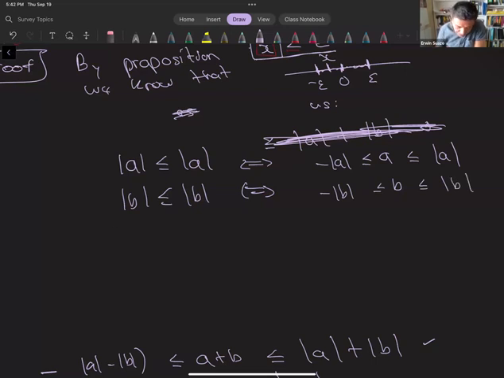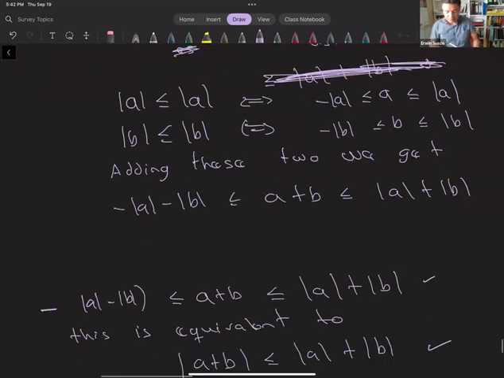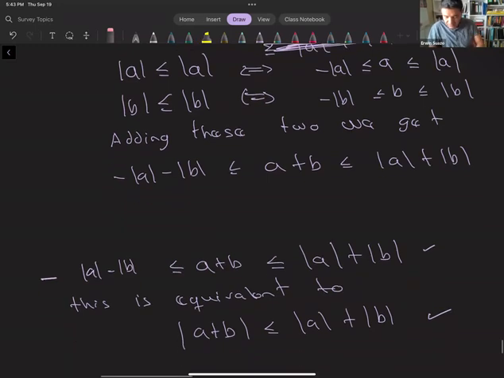Now, if you add these two, we get minus absolute value of A minus absolute value of B less or equal A plus B less or equal to absolute value of A plus absolute value of B. That is what we wanted, right? Because this is equivalent to this one. So this is the end of the proof.